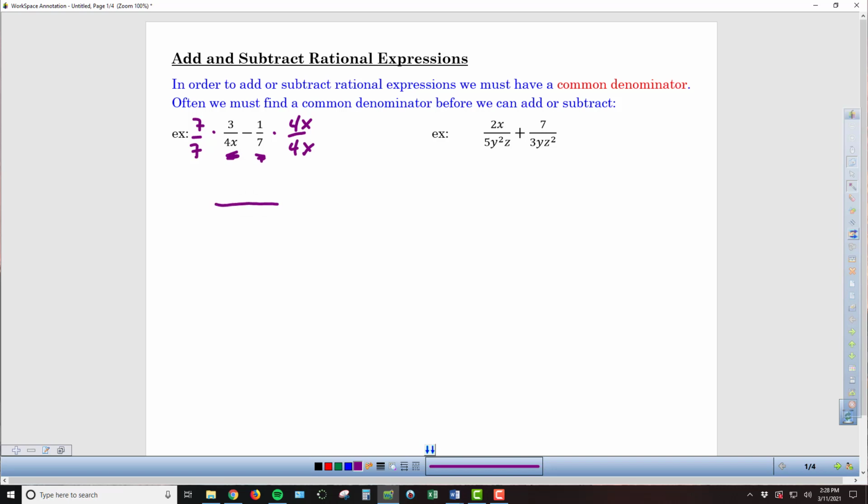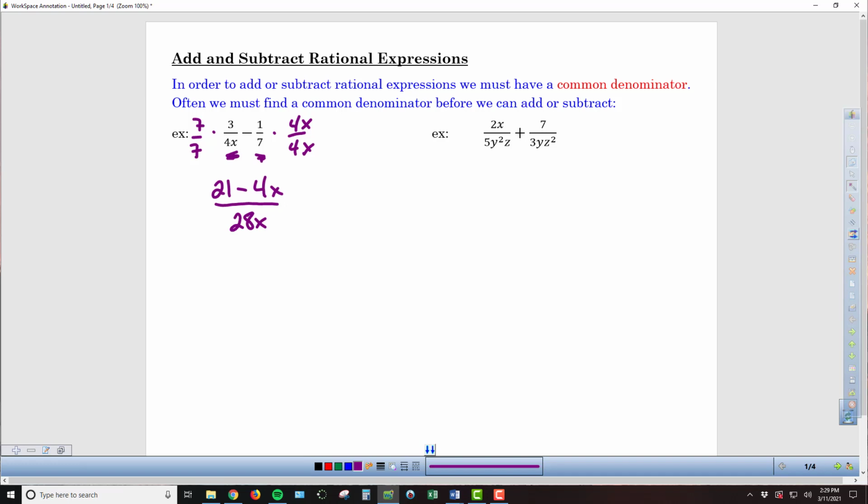So we're going to end up with, overall, in the denominator, 7 times 4x, which is 28x. And then in the numerators, we've got 7 times 3, which is 21, and then minus, since this is a subtraction problem, 1 times 4x, which is 4x.